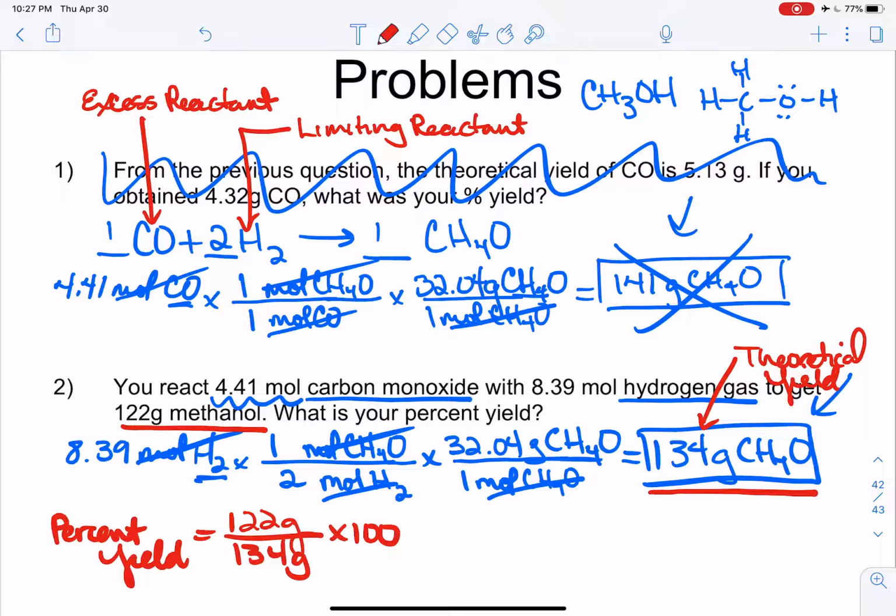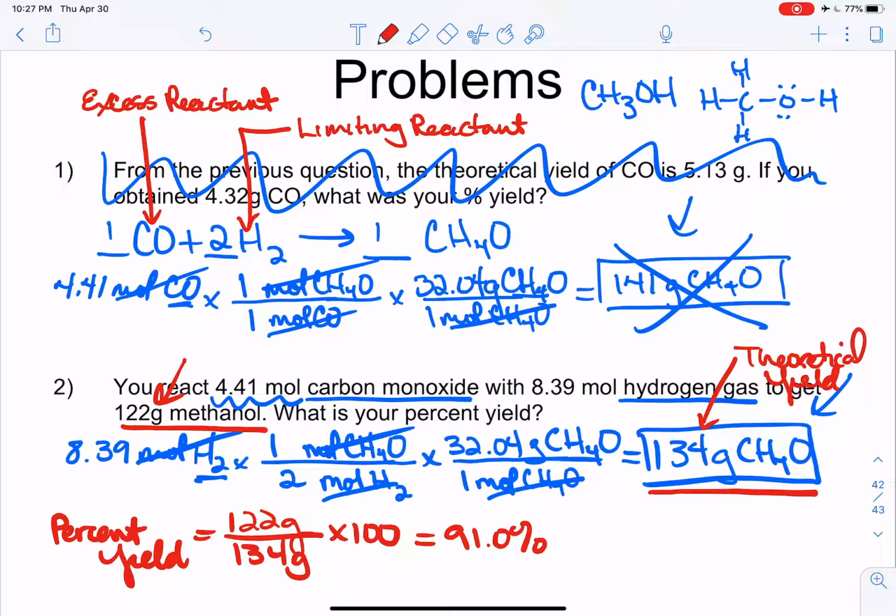Because 122 was our actual yield. It's what we got in our experiment. So that goes on top. And 134 is, in theory, the most we could have made. And so if we do the math on this, we're going to get 91% yield.